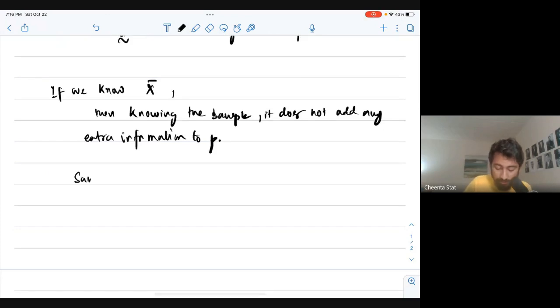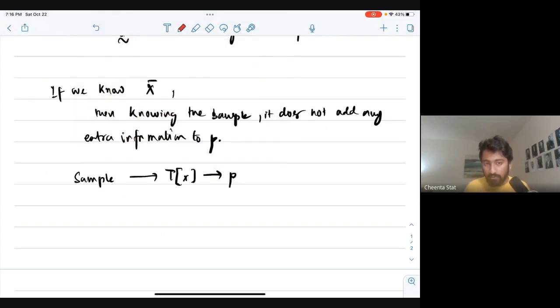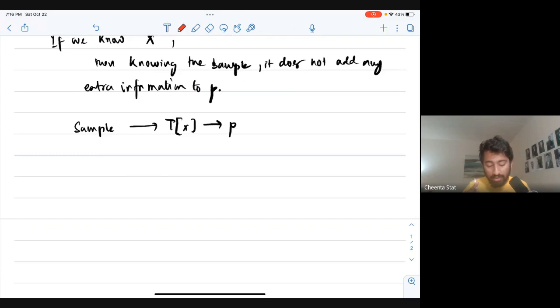So you can say the sample is connected via this Tx to the parameter P. What you can say is that given Tx, the distribution of the sample of data given Tx is independent of P. So P is a real number here.